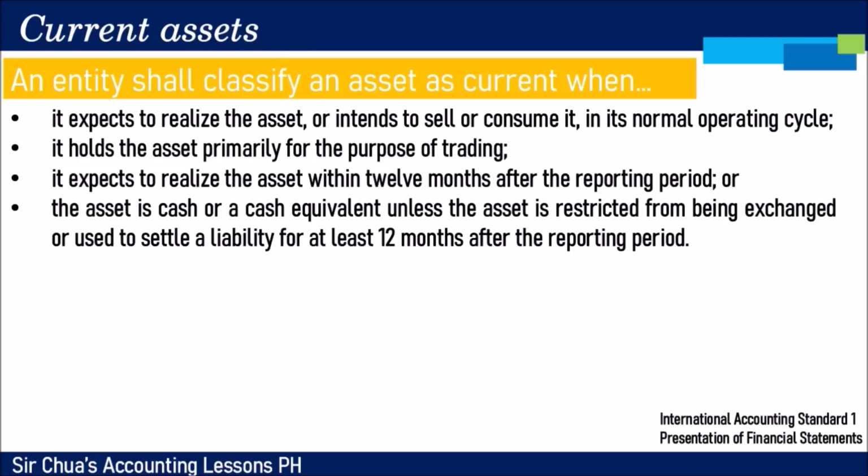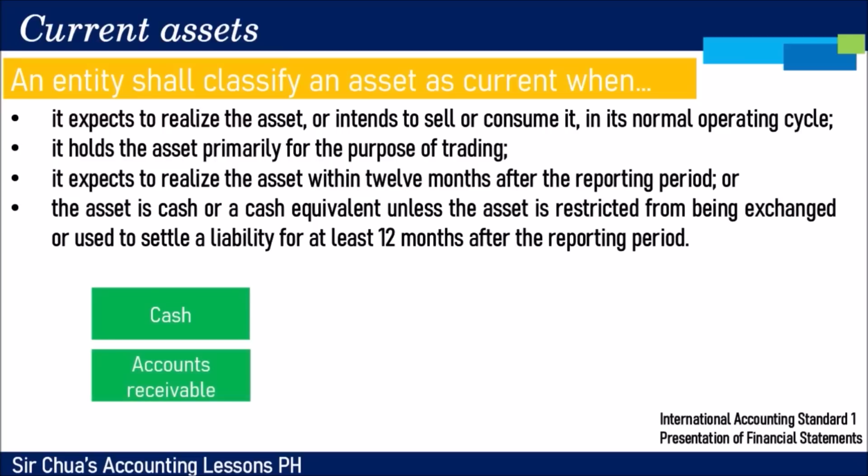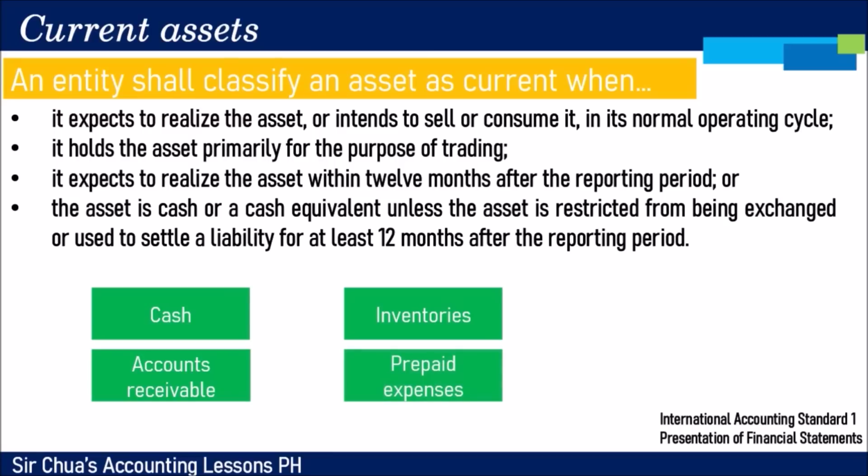So, some examples of current assets include cash. Siyempre, ayan na nga, nakasulat. Okay, and then we also have accounts receivable na nakakuha natin from rendering of service or selling products on account. And then inventories, ayan yun, the asset primarily held for the purpose of trading. Yan yun, okay? And then prepaid expenses.